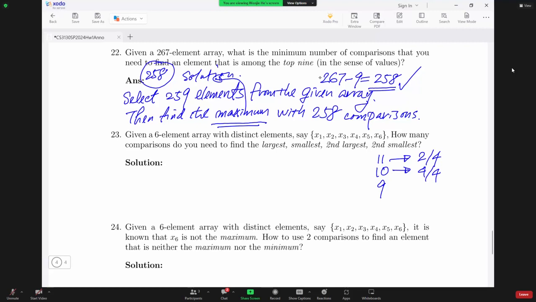If you can get 9 comparisons, you get 4 points extra credit, because it's hard. So other than the original 4 points, you get 4 more points. 4 plus 4, so you can earn 8 points if you can get this 9 comparison solution.